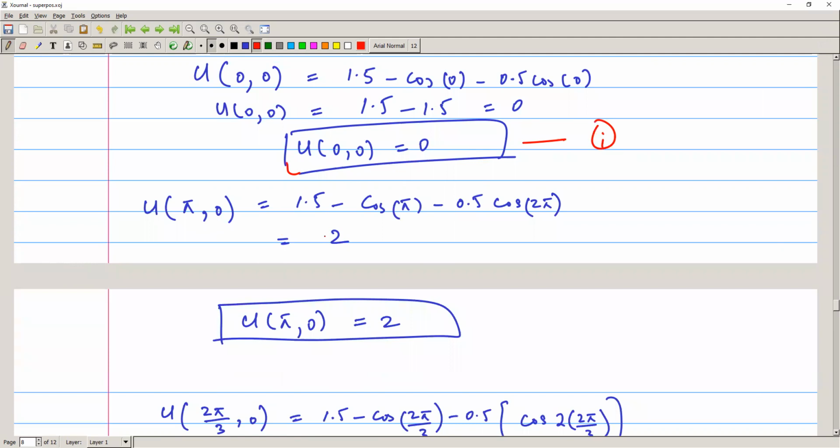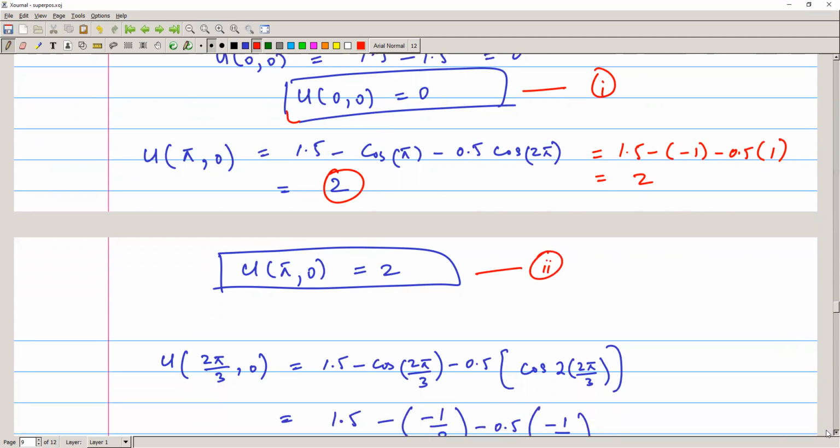So u of (pi, 0) equals 1.5 minus cos pi minus 0.5 cosine 2 pi, right? So this is 1.5, and then cosine pi is -1, and cosine 2 pi is 1 with the negative 0.5. So we get 2 here. So we can call this 2.